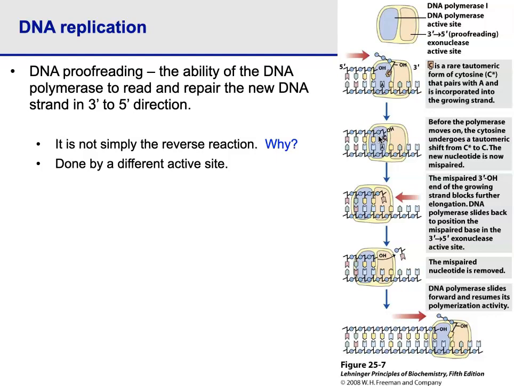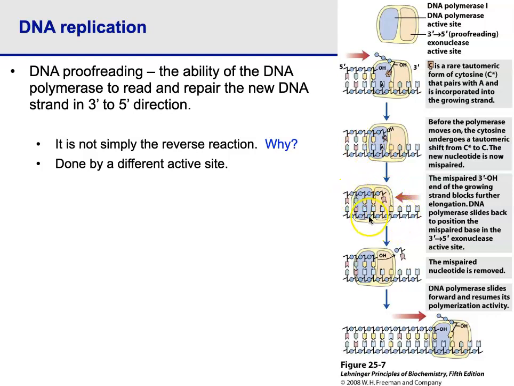But let's say that the phosphoester bond was made already. And when the polymerase wants to move on, the fact that this base pairing doesn't work properly will halt the DNA polymerase, and it will force it to go back.